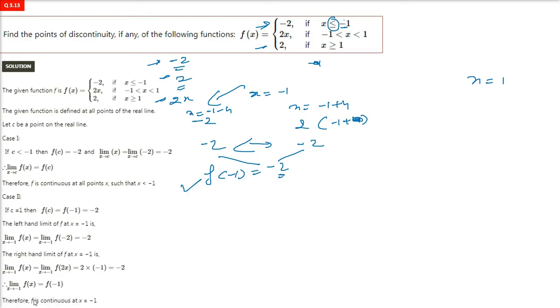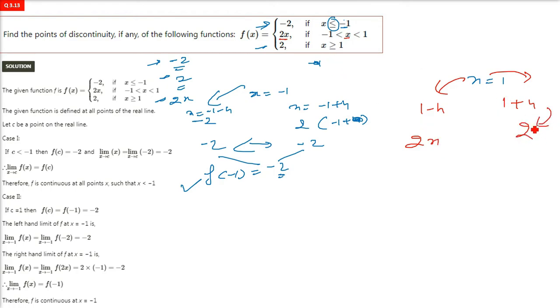But whenever we talk about x equals 1, then we have to check there also. On the left hand side, we are going to take 1 minus h. On the right hand side, we are going to take 1 plus h. And when x is less than 1, it is the 2x function you are going to use. On the right, you are going to use 2.